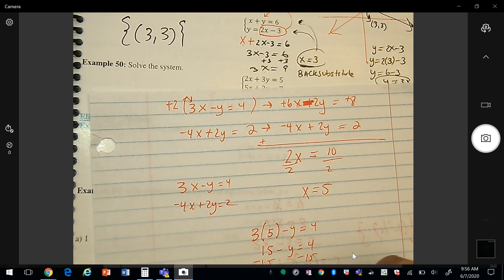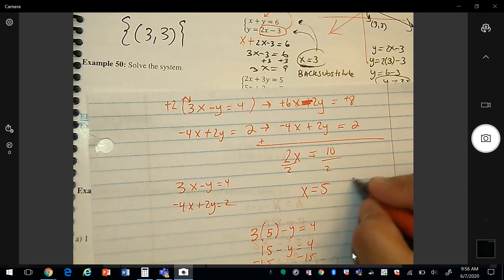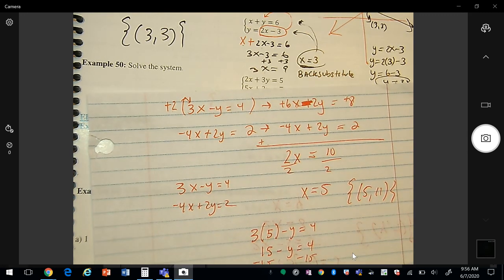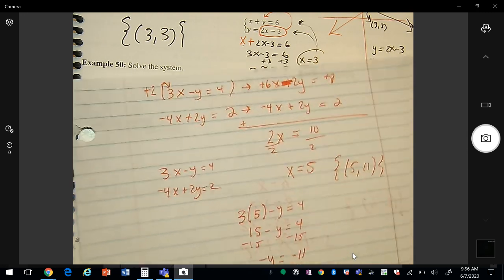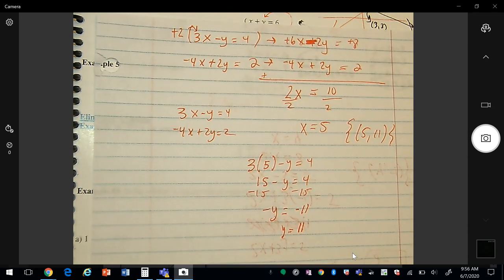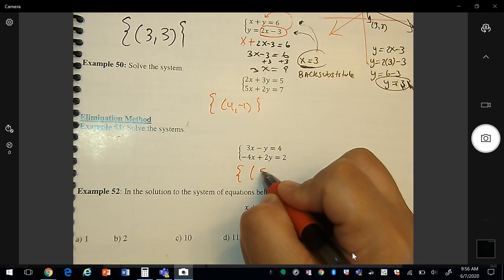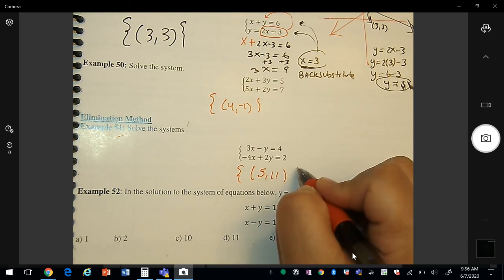Divide by negative 1, so y equals 11. So my solution for this one is 5 and 11.